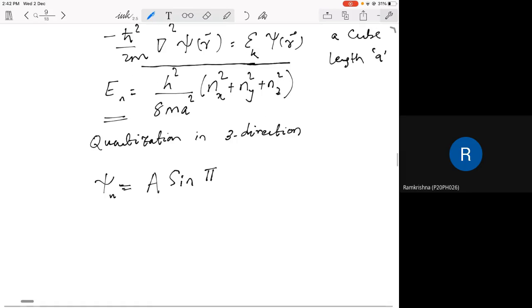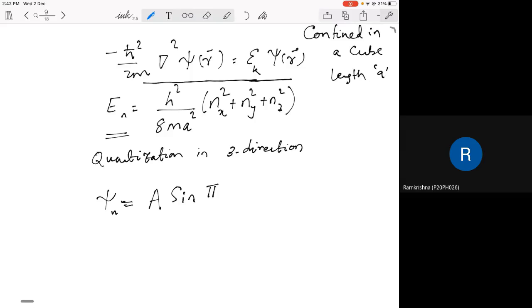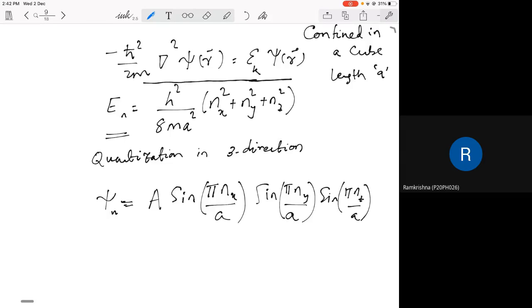How did we write it for a one-dimensional case? Sir, sine nx pi x by a, into sine ny pi y by a. Yeah, into sine nz pi z by a. So we can write it down something like this. This is in three dimensions, a particle in a 3D box.